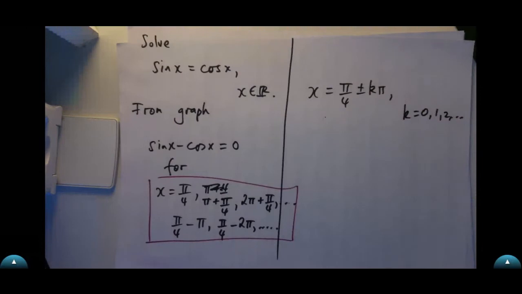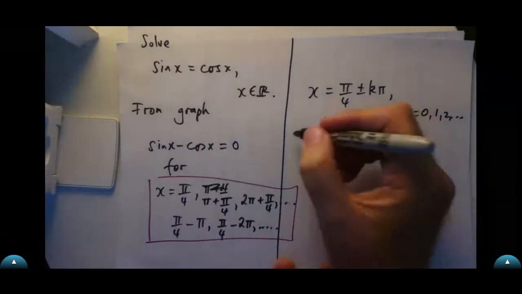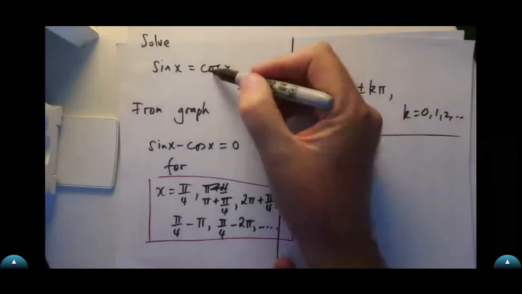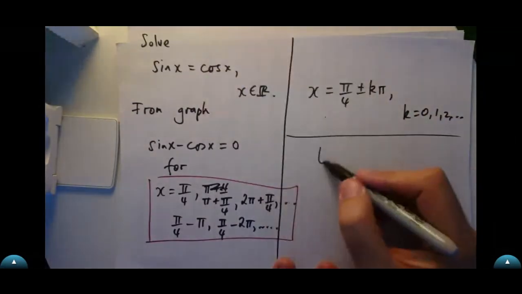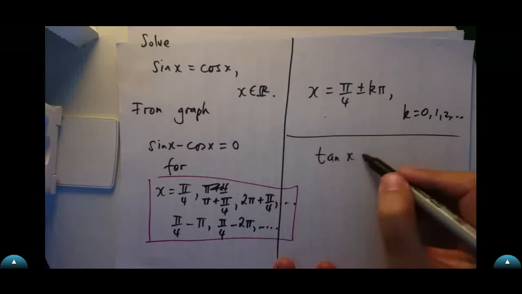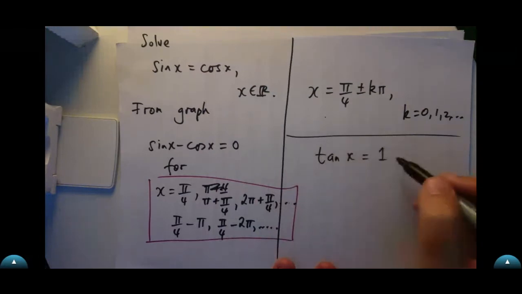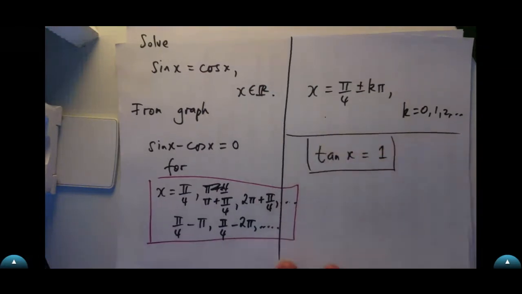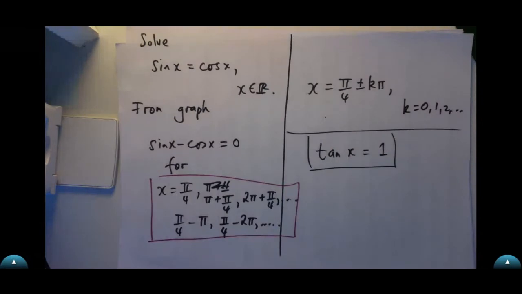That would be one way of capturing it. So not a difficult problem. Some people also like to solve this in a slightly different way. They divide both sides by cosine, and we are considering something like this.